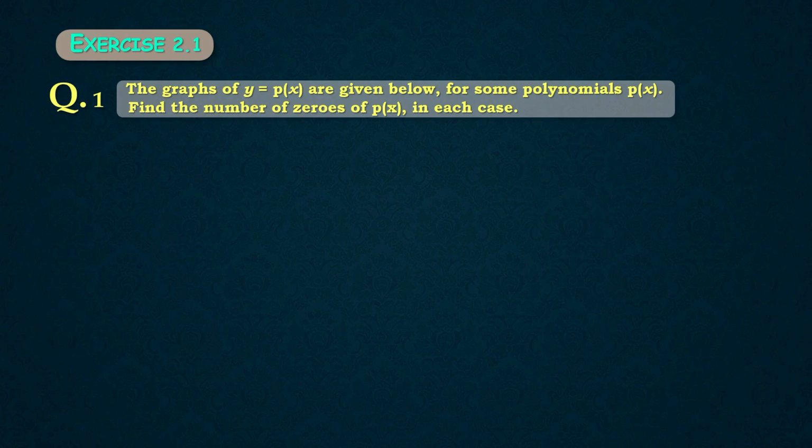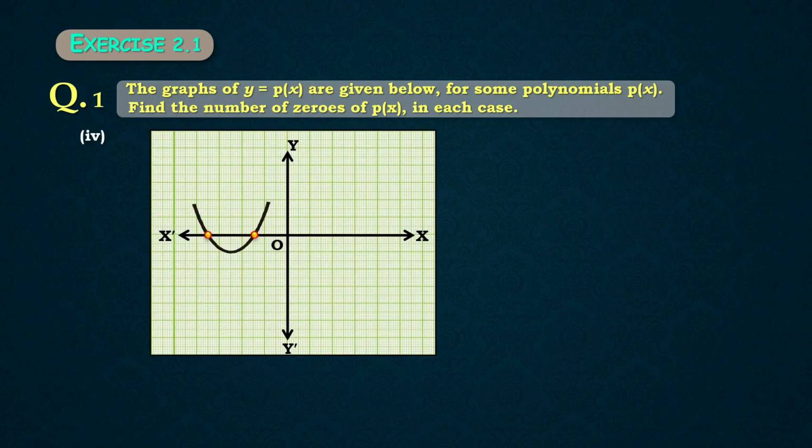Question 1, Part 4. The graph of y equals p of x is given below. We are asked to find the number of zeros of the polynomial p of x. First, remember an important rule. The number of zeros of a polynomial is equal to the number of points where the graph intersects the x-axis. Now, observe the given graph carefully.